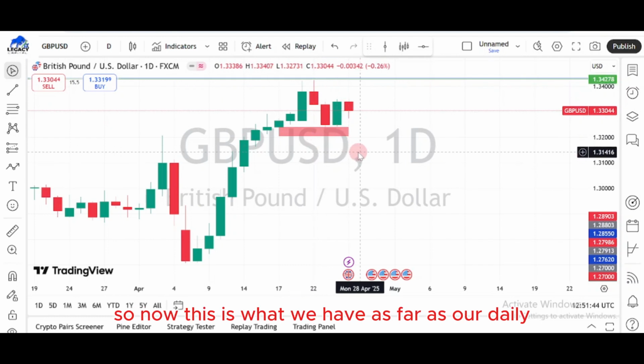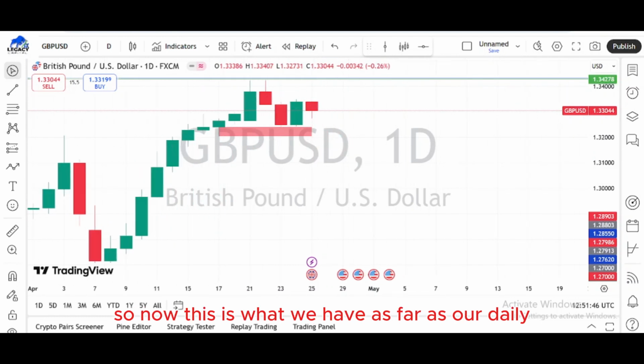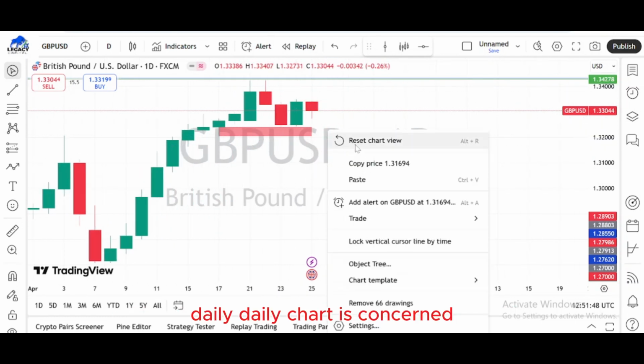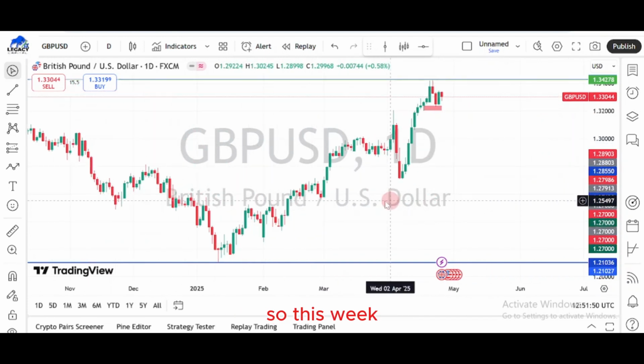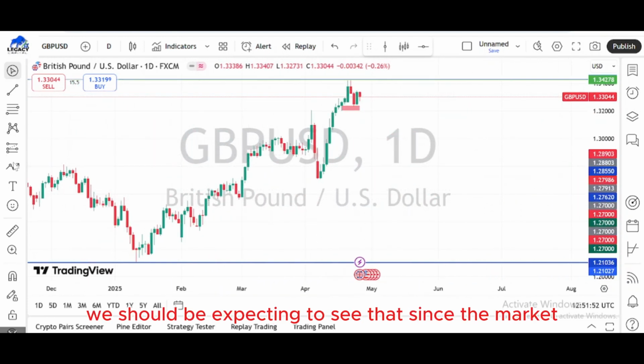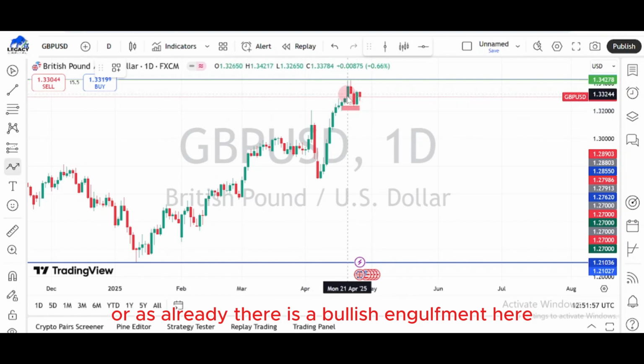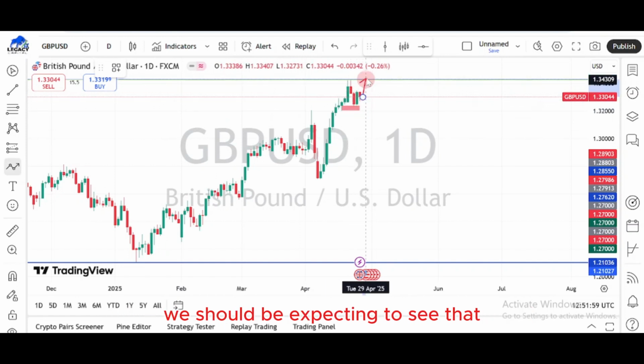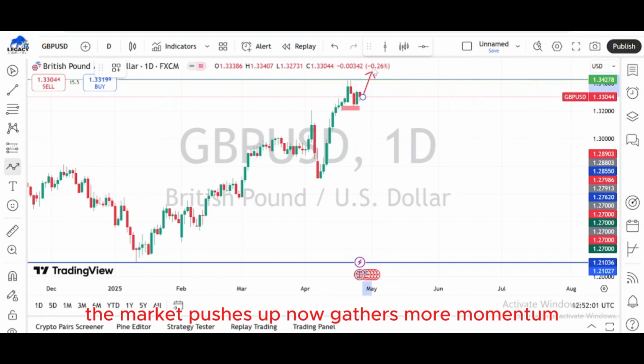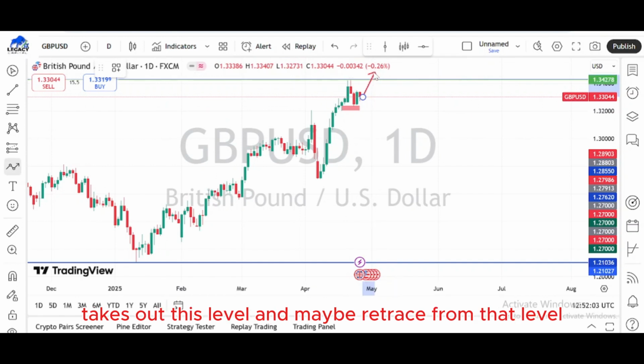So now this is what we have as far as our daily chart is concerned. This week we should be expecting to see that, since there is a bullish engulfment here, the market pushes up now, gathers more momentum, takes out this level, and maybe retraces from that level.